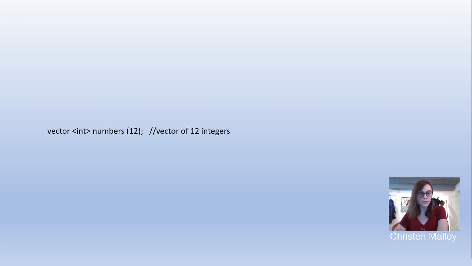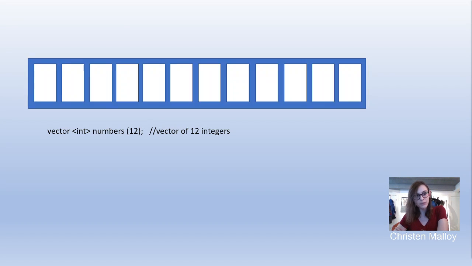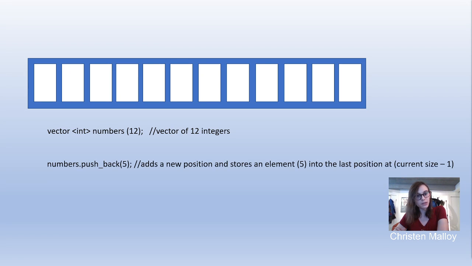Suppose that we wanted to declare a vector of integers of size 12. Well, we would say vector int numbers 12, and this would declare 12 indexes where we could store elements. Now, say we wanted to push back a value, and we specified 5 as the value in the parentheses. Well, the push_back function, which is part of #include <vector>, would add that at the end location of our vector.